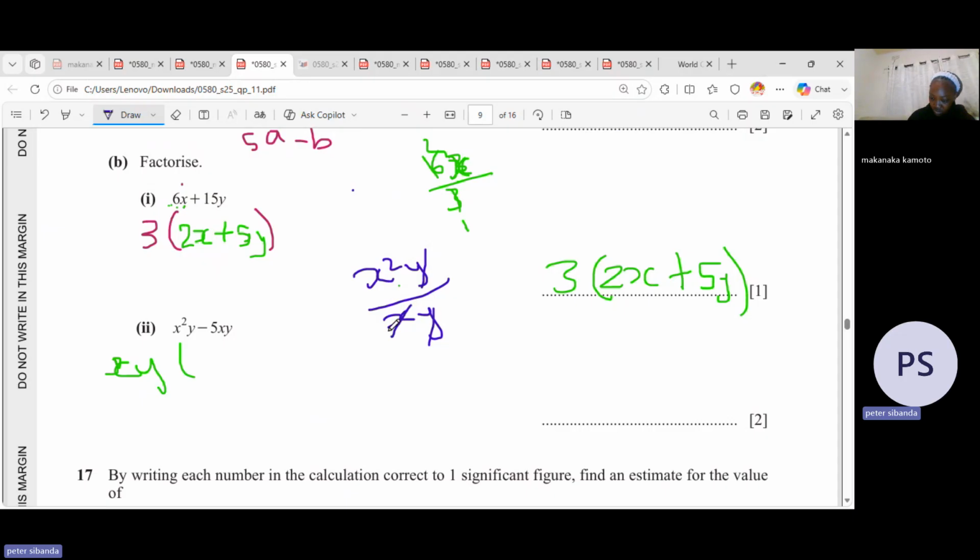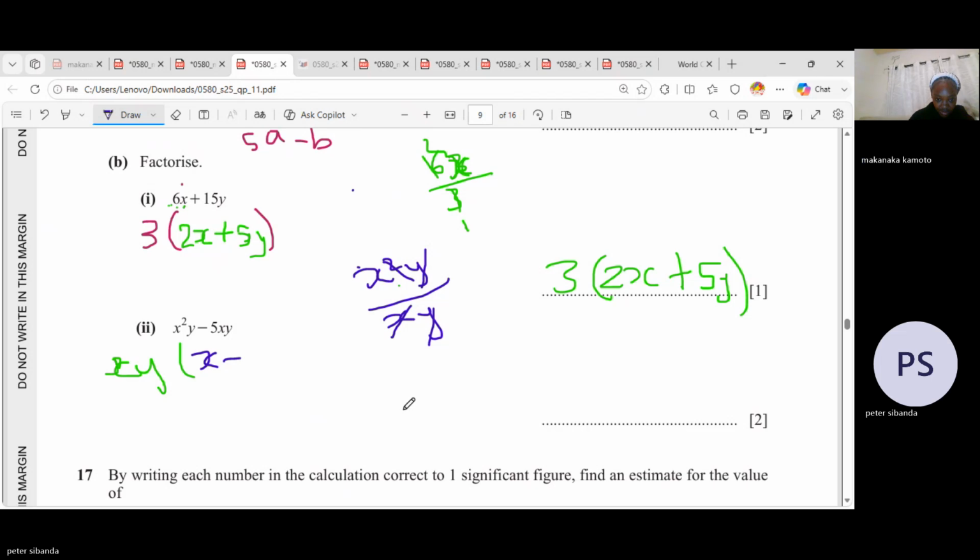But when this x cancels with one x in this x squared, another x remains because there were 2. So that's just what remains here, x only. Then we have a minus. That xy we factored out into 5xy. What do we remain with?